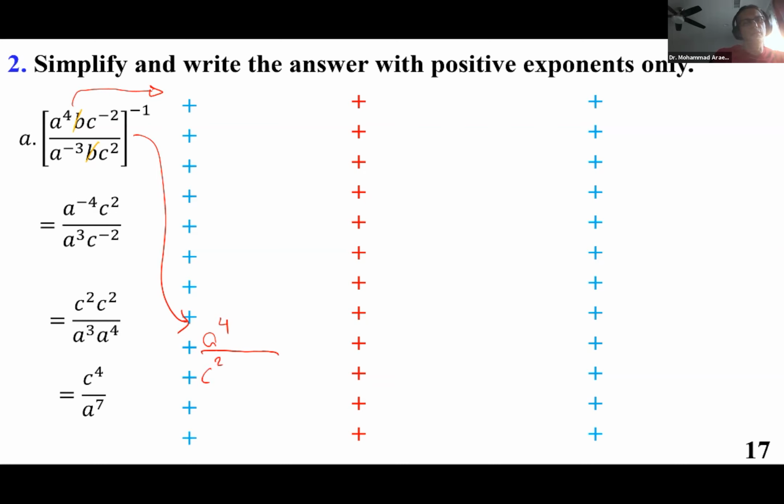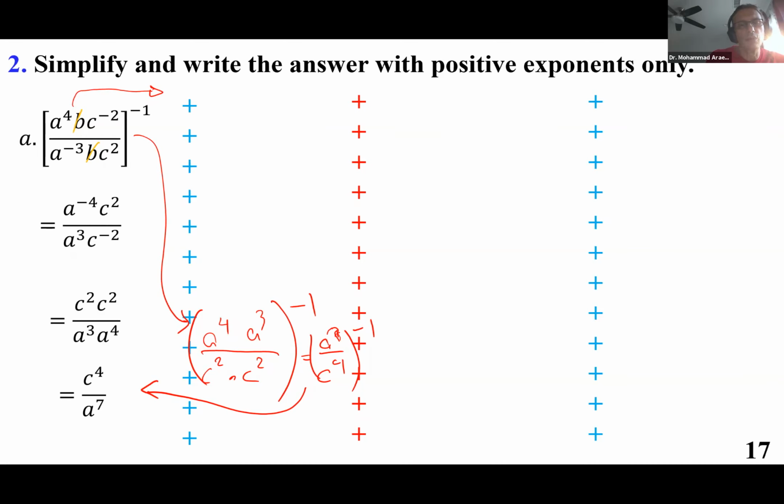Now c to the power of -2 goes down and it becomes c squared. A to the power of -3 comes up, becomes a to the power of 3. To the power of -1, which becomes a to the power of 7 over c to the power of 4 to the power of -1, and it gives you the same answer. So this is in case you want to go a different route, depending upon what is easier for you to do.